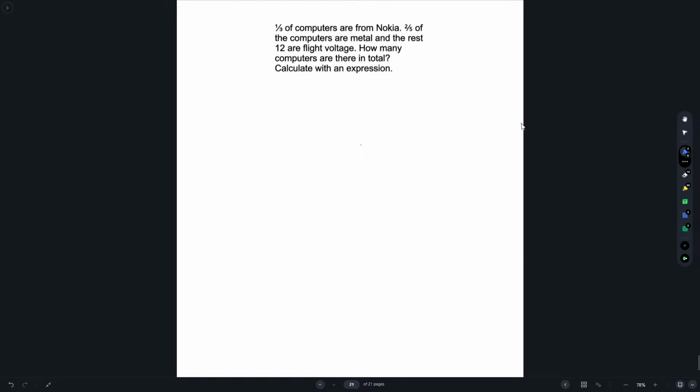A third of the computers are from Nokia, 2/5 of the computers are metal. Is this supposed to say like 1/3 are from Nokia, 2/5 are from some other, and 12 are something else?